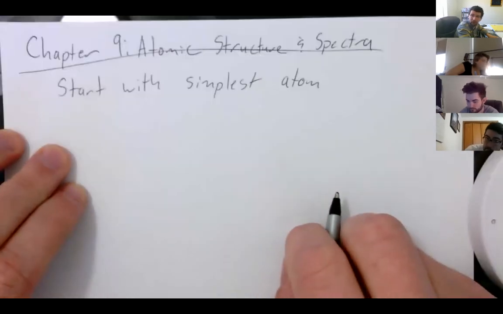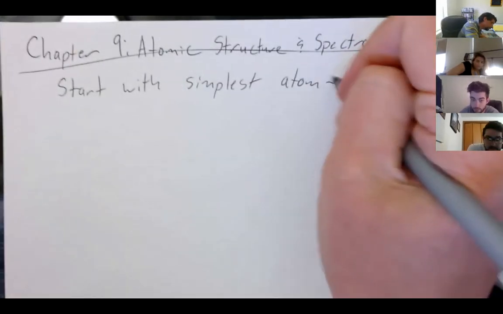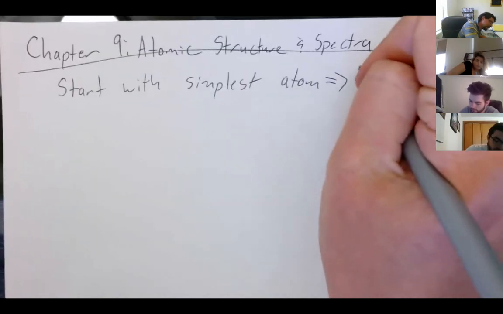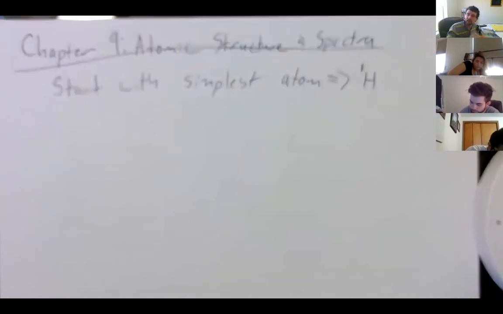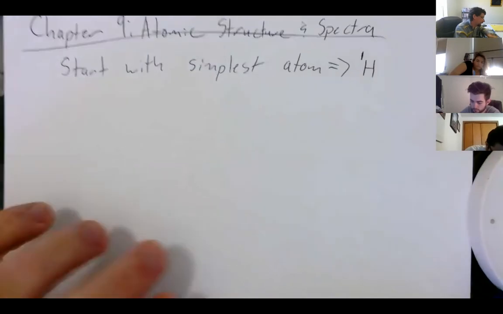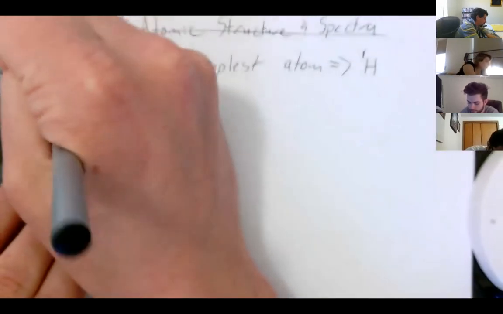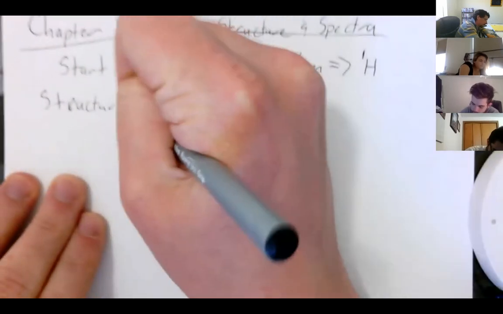So what's the simplest one we got? Hydrogen. Specifically H1. So we're talking about a nucleus and electron. Proton, electron. Okay. Let's talk about the structure of the H atom.